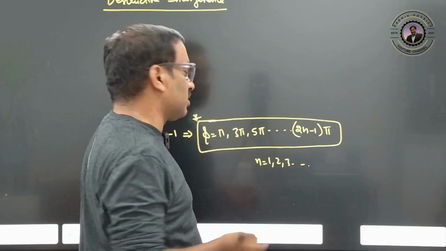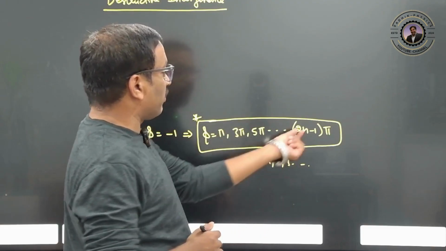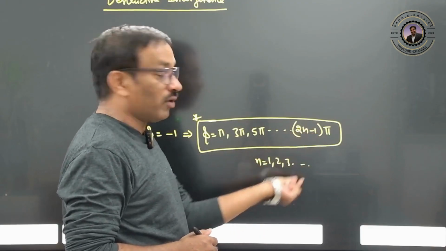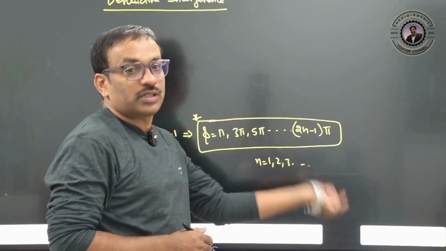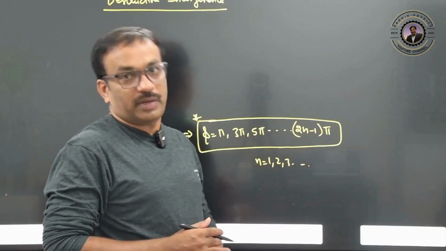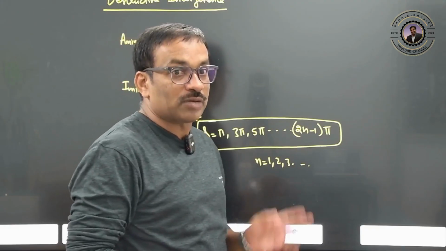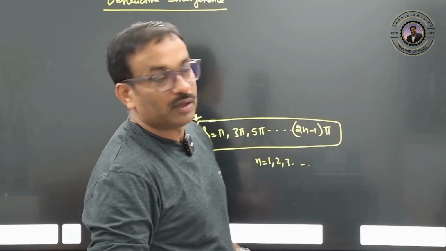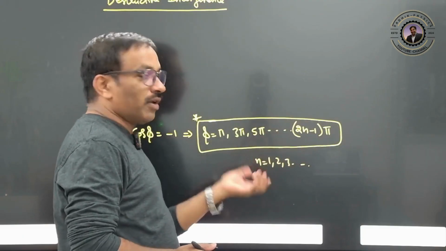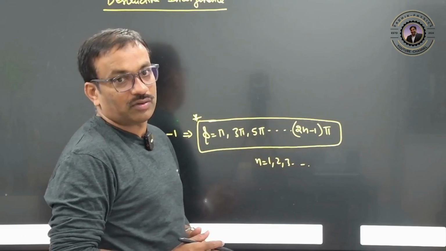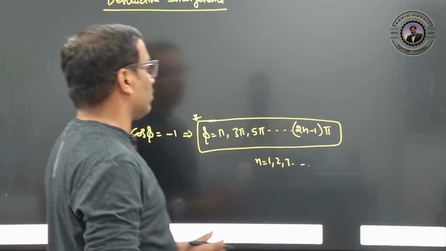Which dark fringe, right? Suppose you take 2n plus 1, then you have to start from n equal to 0, where the 0 dark fringe will not be there. At that time, if they ask for the 5th dark fringe, you have to substitute n equal to 4. If you use this formula, for the 5th dark fringe you can directly use 5. That is why we use this one.